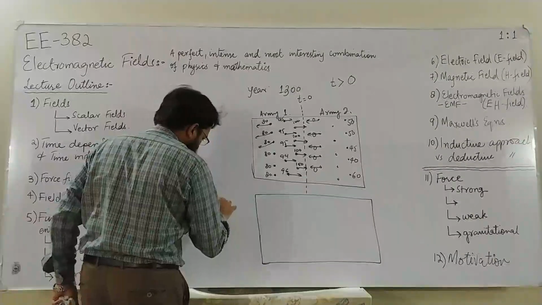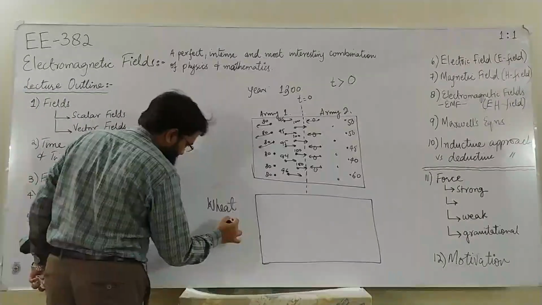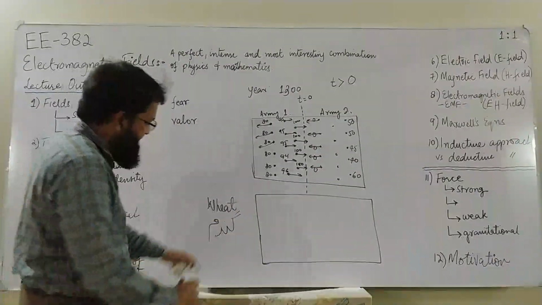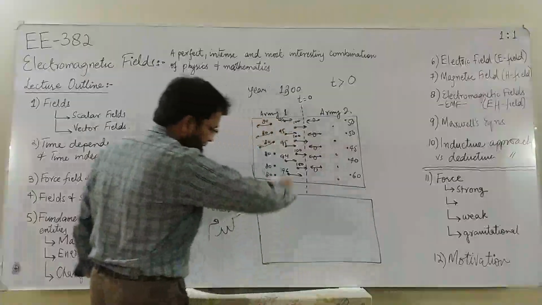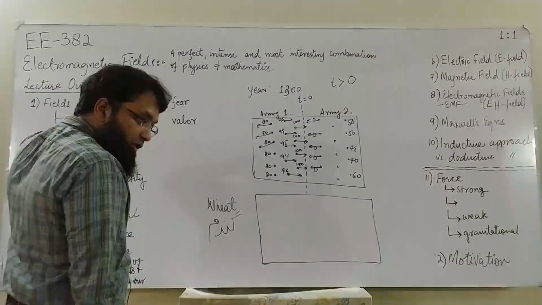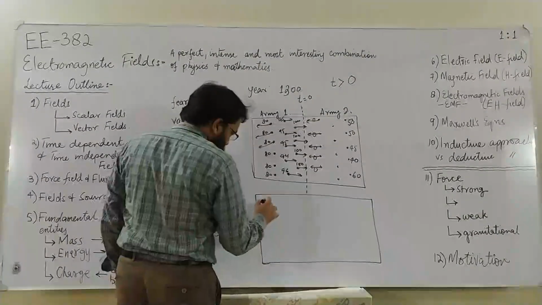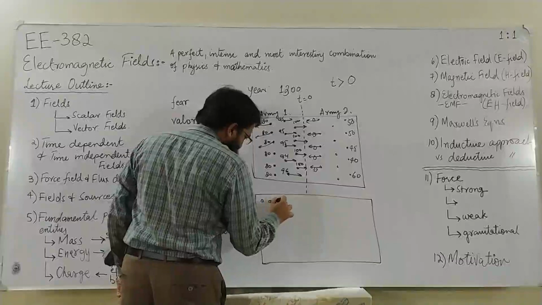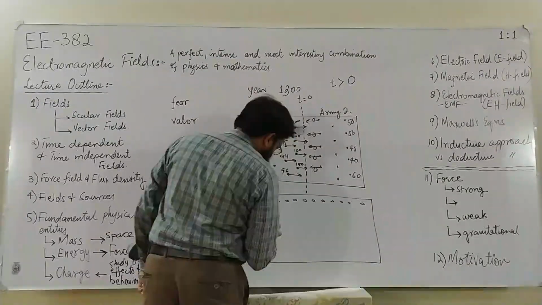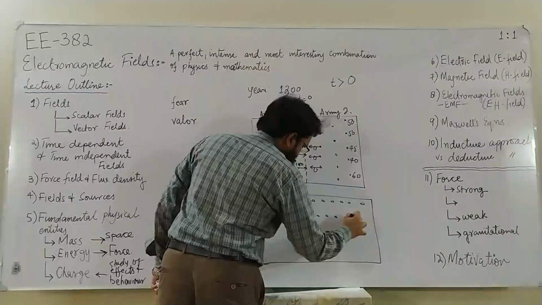Let's say wheat is being grown, gandum is being grown. All right, let's say this is a field, this is a crop field, this is a wheat field. So if it is a wheat field, it should be bounded, and there should be some plants on which the wheat is being produced.